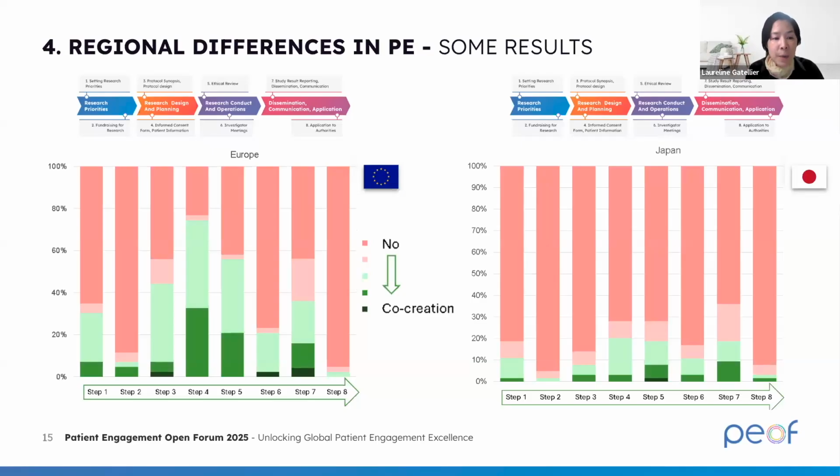So you can see from here, for example, when you look at all the greens, that in Europe, green is at step 4, which is informed consent. So informed consent was very well considered. That's the highest step where patient advocates, patient representatives are involved.